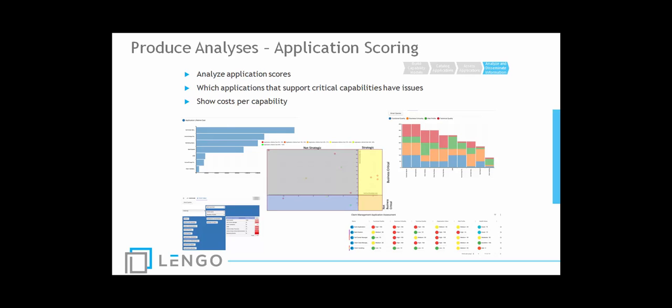Now that you have captured information about the capabilities, the applications, and their underlying technologies, you're equipped to use all of the available information and their relationship dependencies to start producing some analyses and scores to help identify potential areas, i.e. business capabilities and specific applications, that warrant detailed investigation for action.